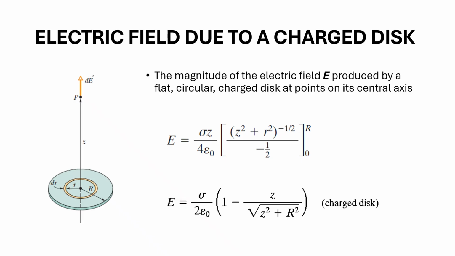So when you put it into the term, you get your electric field equal to, as a callback, z delta over 4 epsilon 0, then the integral of u to the power of negative 3 over 2, where 2r dr equals du.